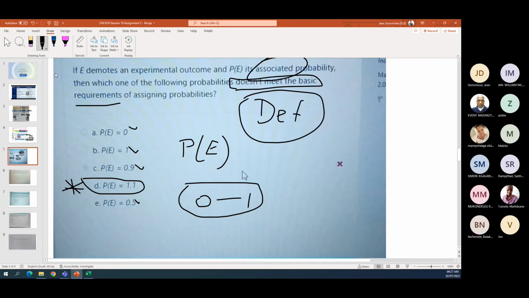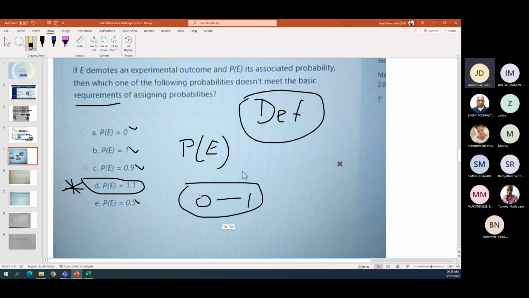What makes it difficult is the wording. I first looked at that word "associated" and thought, what the heck is going on in this question? But actually they're asking which one does not fit the probability rule, and the rule is that anything from 0 to 1 can be a probability. So the one that is wrong is 1.1.